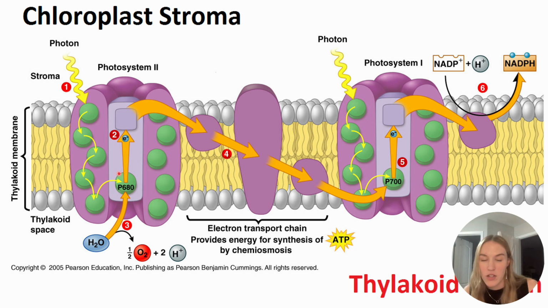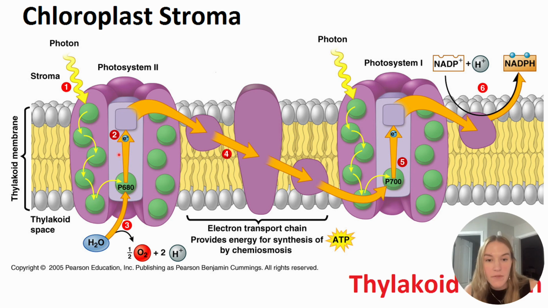We'll talk about where that electron comes from in just a second. But the energy gets to P680 and it will excite this electron. Remember, I said excited electrons are high energy electrons, which will become important in the next couple of steps. But first step: light hits, passes the energy to the reaction center to excite the electron.